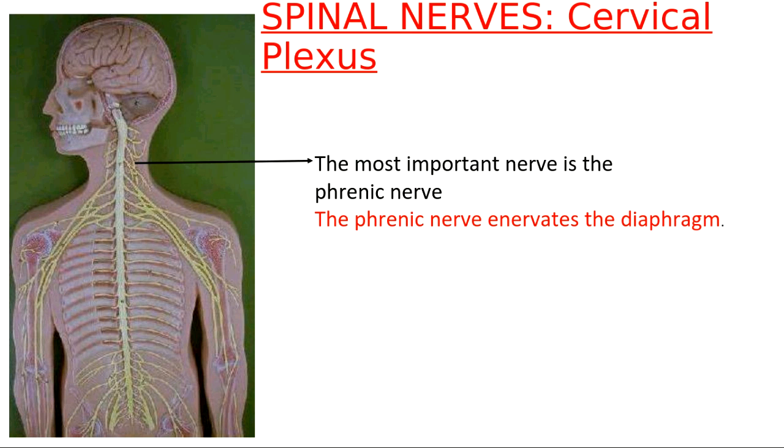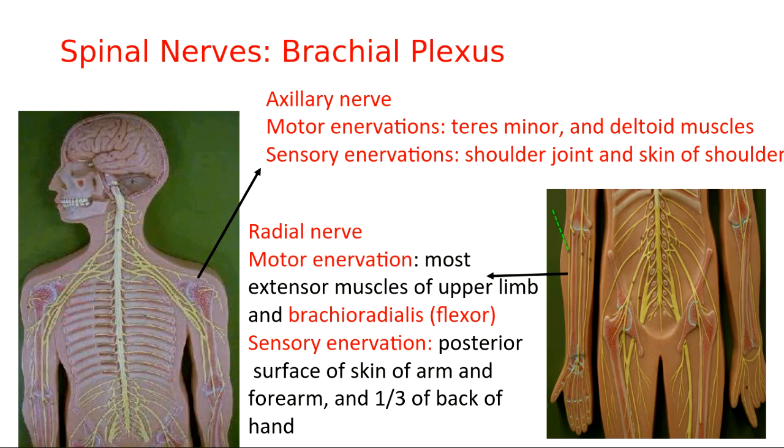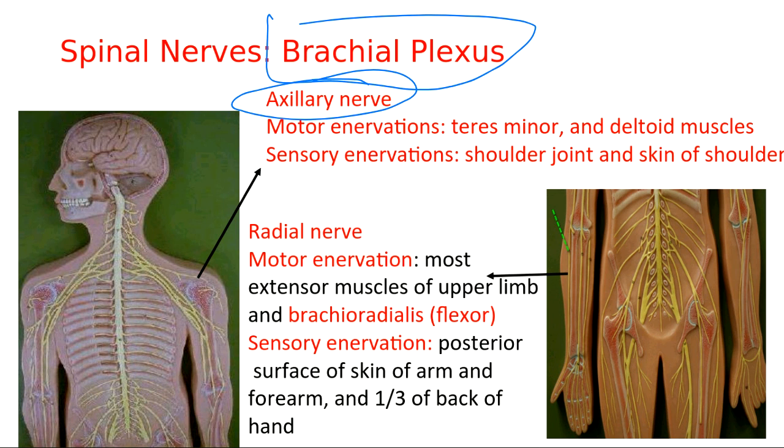From the cervical plexus, the main nerve you need to know is the phrenic nerve, which is important because it innervates the diaphragm, which is a breathing muscle. In the brachial plexus, we have the axillary nerve under the arm, which innervates muscles of the shoulder, like the teres and deltoid.